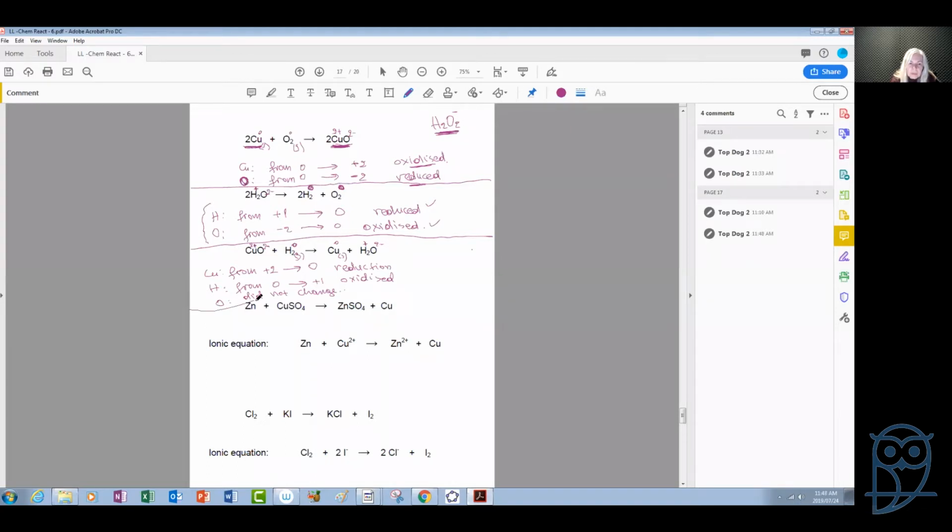So in this case, you see the oxygen did not change. In other reactions, the oxygen changes oxidation state, especially if it's a gas. If it reacts with something, oxygen gas is a very strong oxidizing agent. It's the one that reduces. But in this case, it did not change. It was just a spectator.